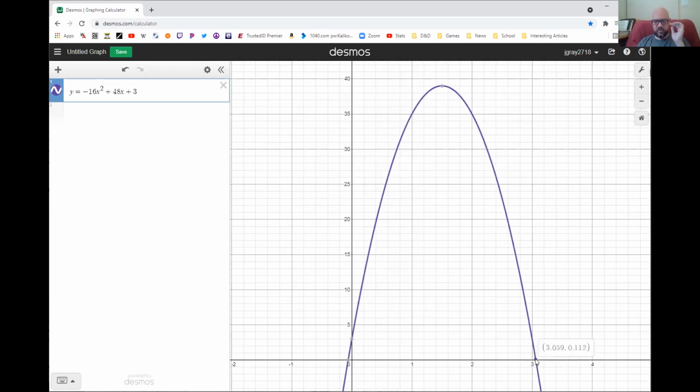Desmos will just straight up give us this answer, 3.061, but let's see how to actually do that.